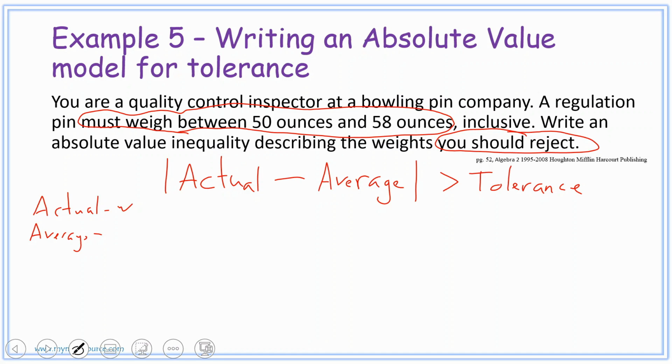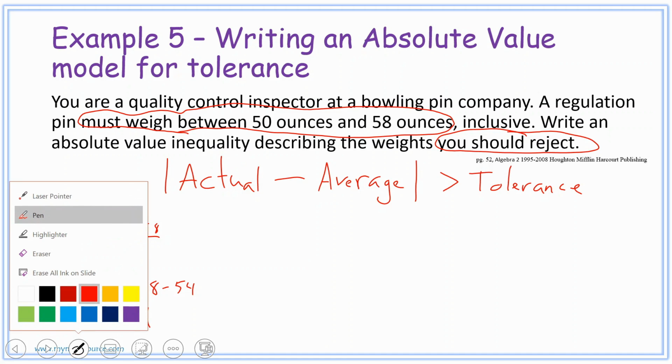And to find the average of the numbers, you say 50 plus 58, that's 108, divided by 2, and that's going to be equal to 54. And therefore our tolerance, we can find our tolerance by just subtracting our average from 58, or the low from 50. And so we can say 58 subtract 54 would give us a tolerance of 4.